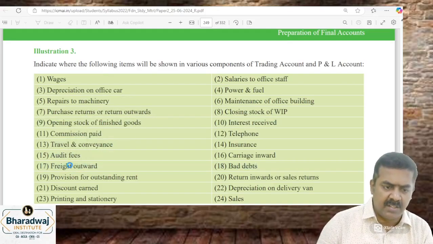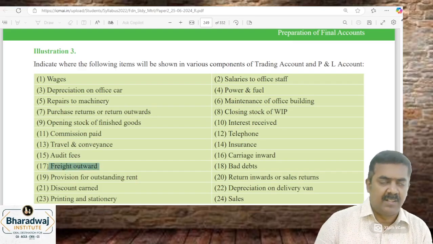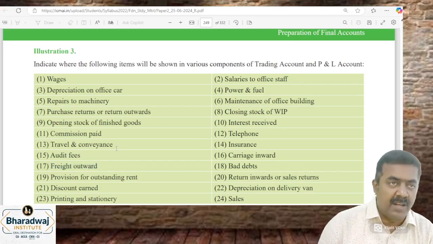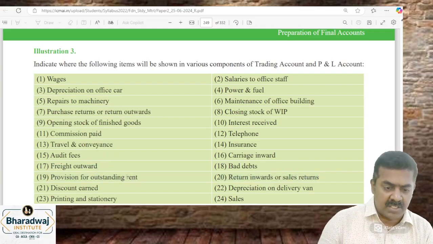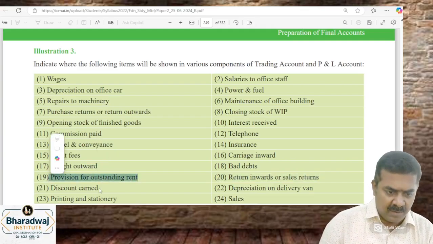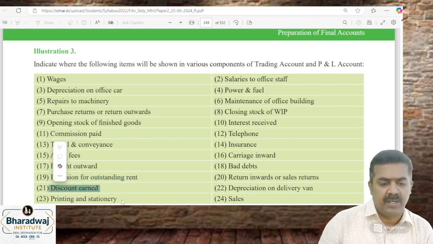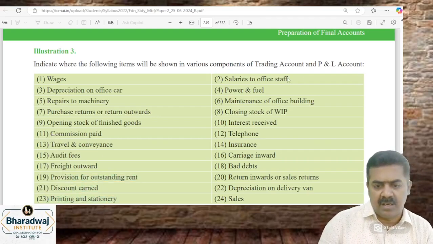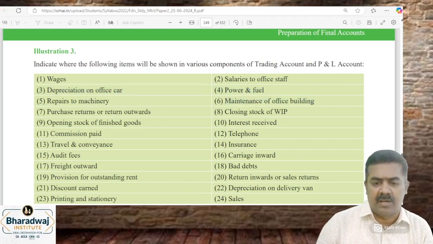Freight outwards, carriage outwards: P&L account. Provision of outstanding rent: P&L account. Discount earned: P&L account. Printing and stationery: P&L account. Salary to office staff: P&L. Power and fuel connected to keeping and manufacturing of material will come in trading account.